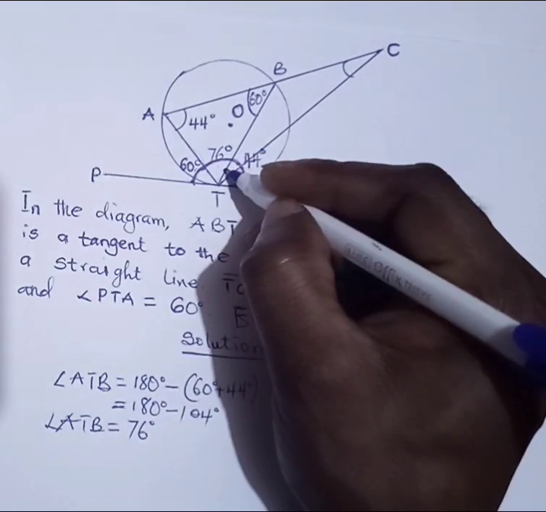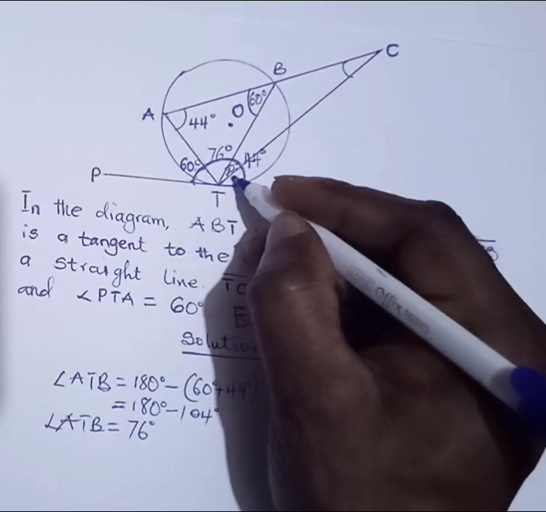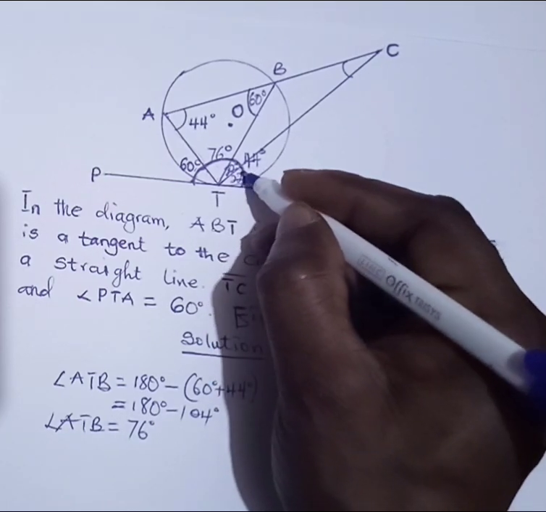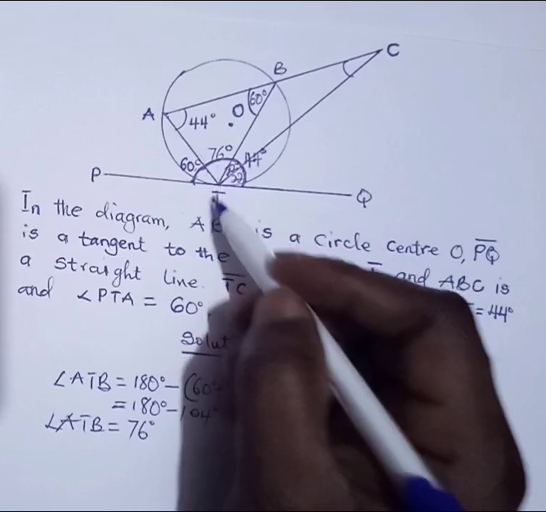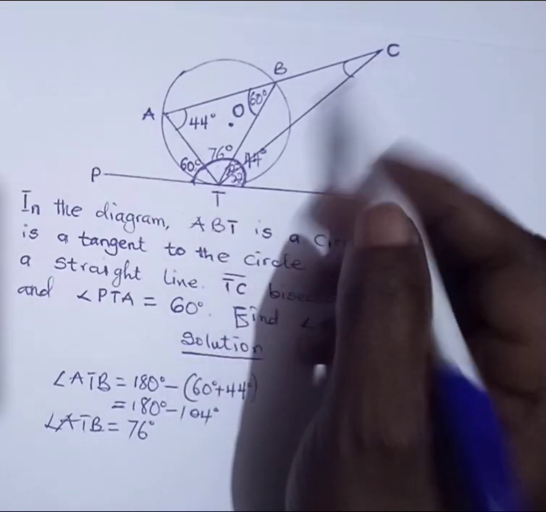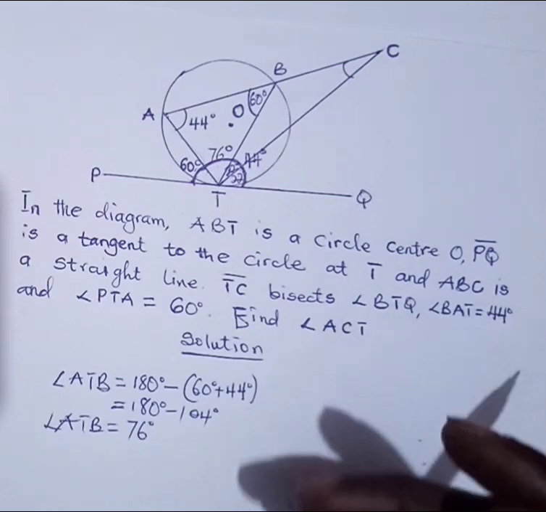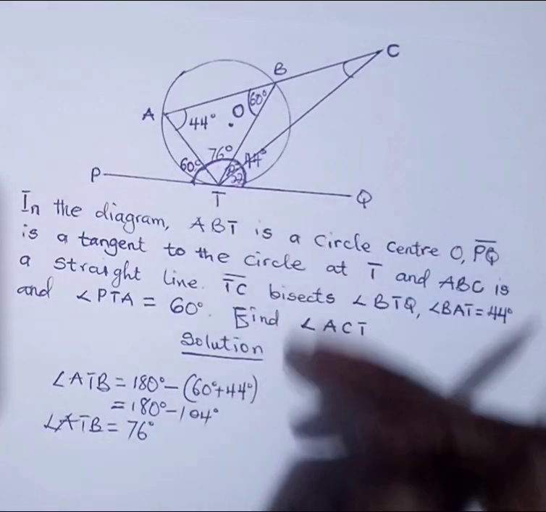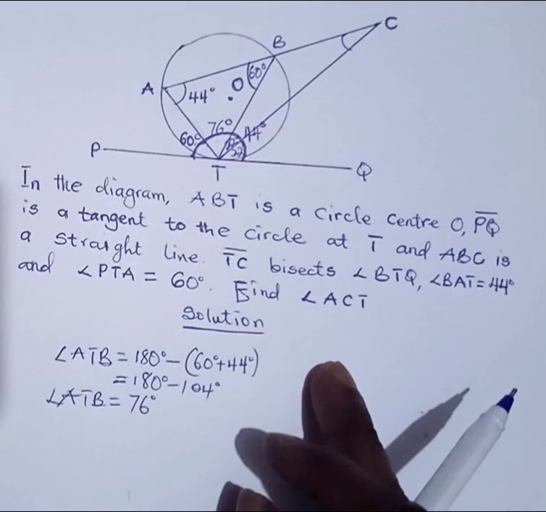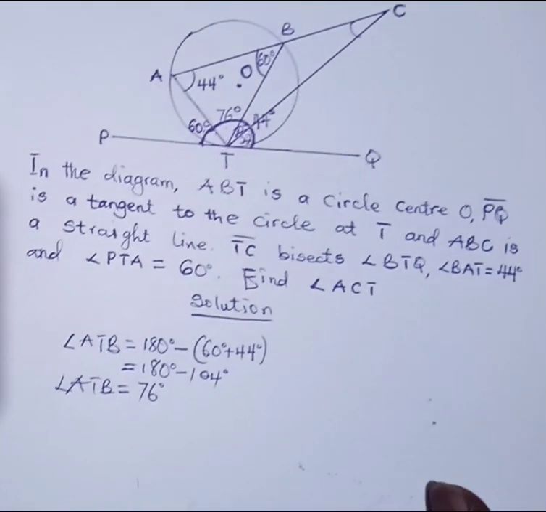So we can write 22 here and then 22 also here, because the question says TC bisect BTQ. Good. If we've arrived at that conclusion, then we can move on.